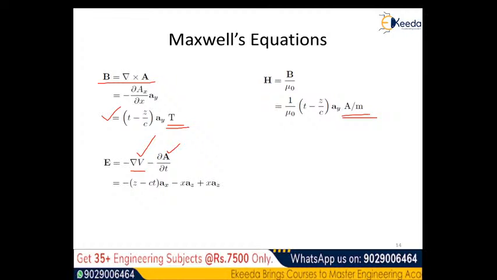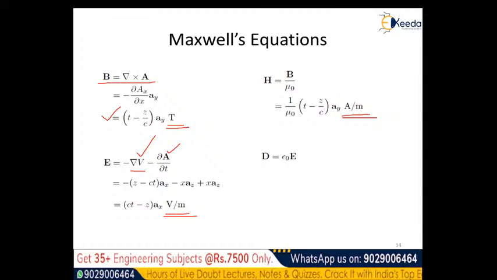So this results into (ct minus z) multiplied by the unit vector a_x, and as this is electric field intensity, it has to be measured in terms of volts per meter. And at last we have capital D is equal to epsilon into E.